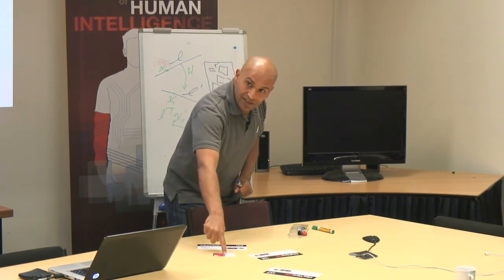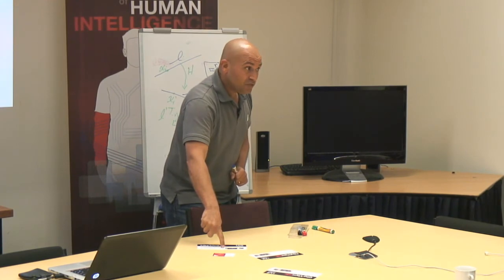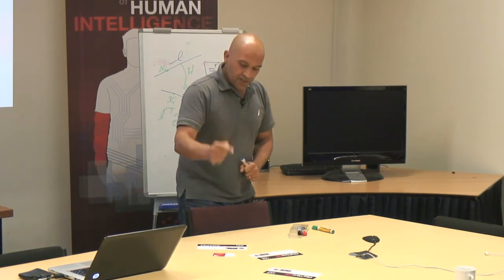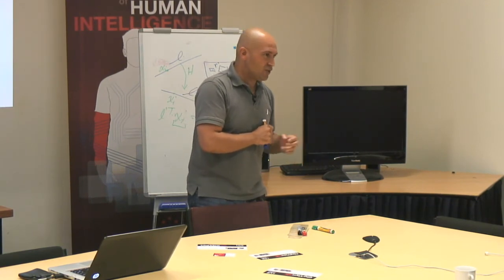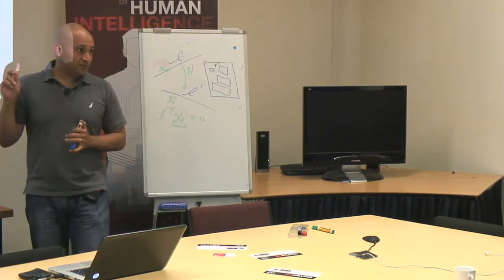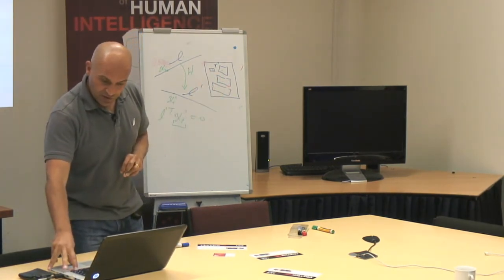So if the ratio between this area and this area is R, and the ratio between this one and this one is R, the ratio of the images of these cards will be preserved. The ratio between the areas of the images of these shapes is preserved. Is that clear?